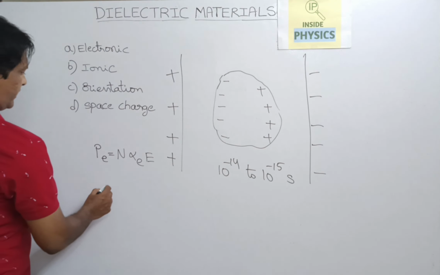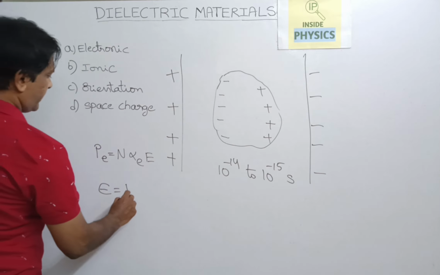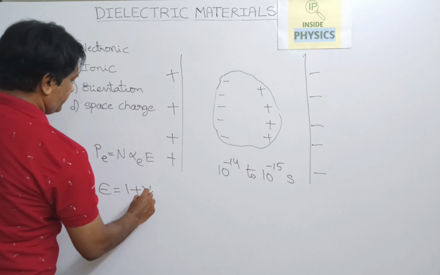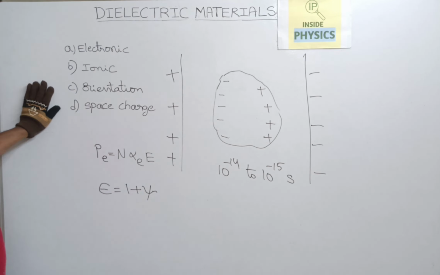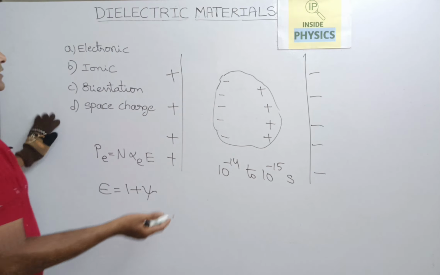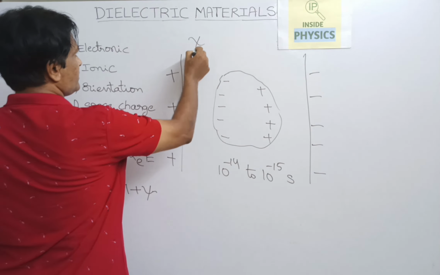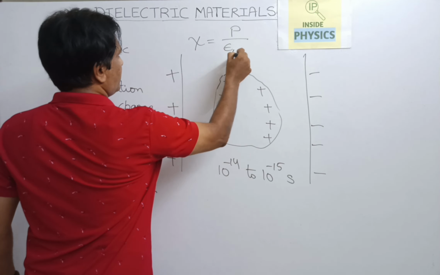We know that the dielectric constant is given by 1 plus psi, where psi is susceptibility. Susceptibility is related to polarization with this relation: psi is equal to P by epsilon naught E.